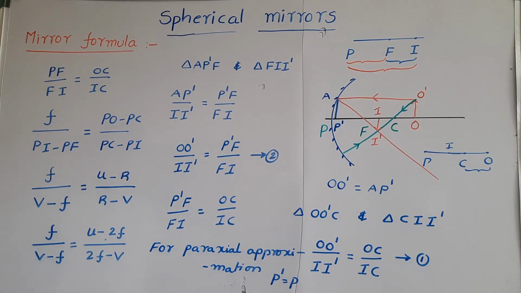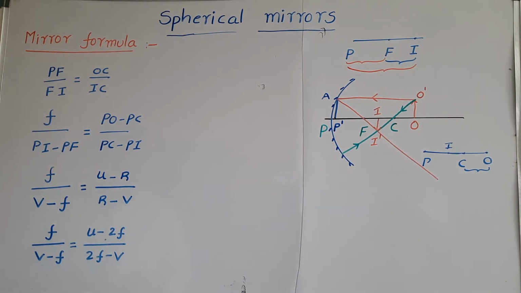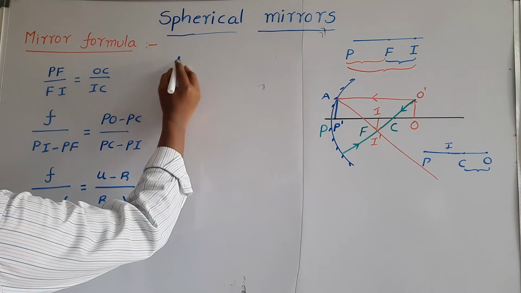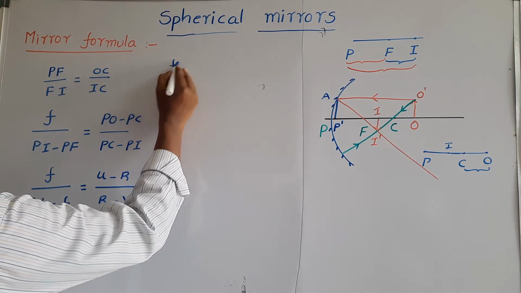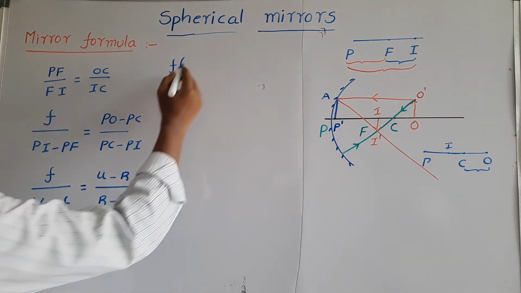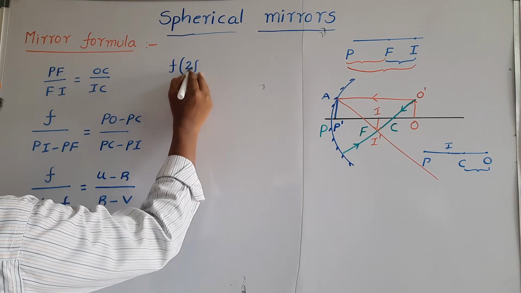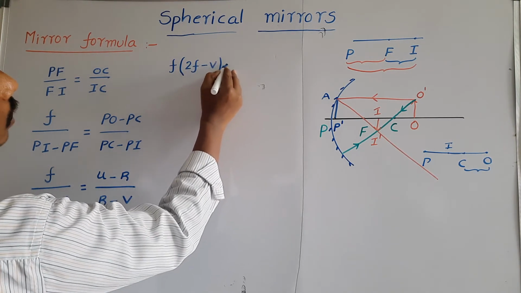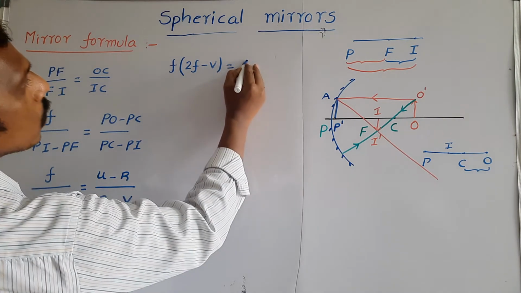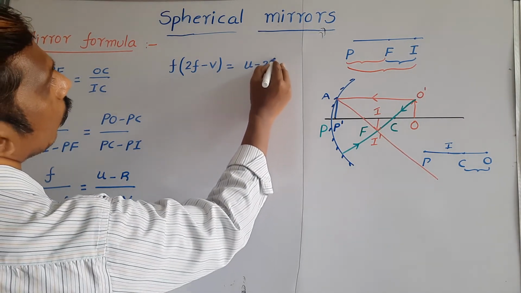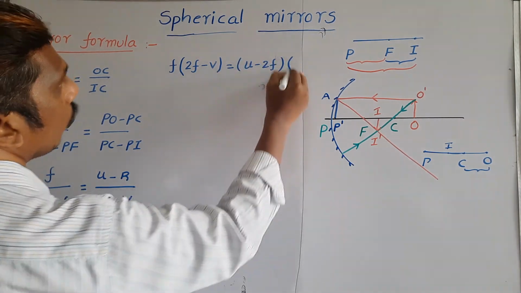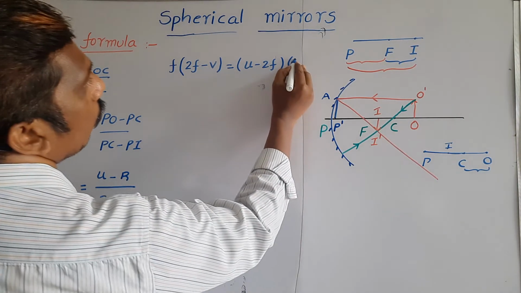So cross multiply, then we get F into 2F minus V, which is equal to U minus 2F into V minus F.